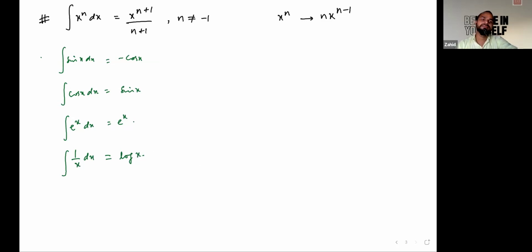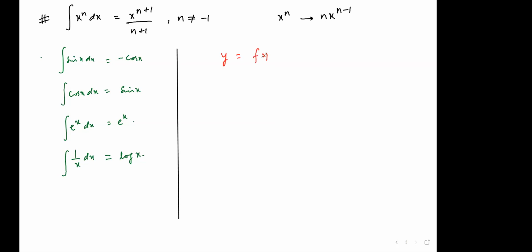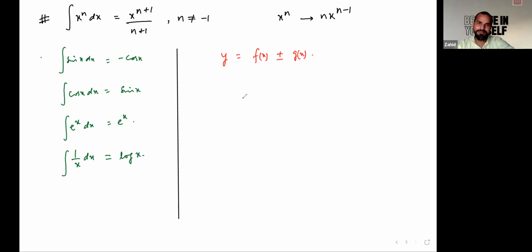Similarly, as we have done in differentiation for different functions, likewise, if y is the sum or difference of any two functions, like f(x) plus or minus g(x), let's say y is nothing but dy over dx. So bring this dx to the right-hand side.